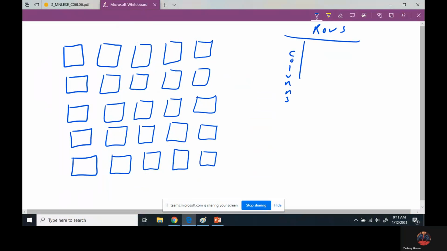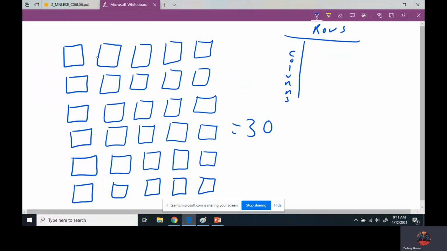Okay. So right now we have 1, 2, 3, 4, 5. We have 5 rows and we have 1, 2, 3, 4, 5, 6. If I skip count, 5, 10, 15, 20, 25, 30, I know this whole thing equals 30. So we have 5 rows of 6 columns, and we know that's going to be 5 times 6, or 6 times 5.